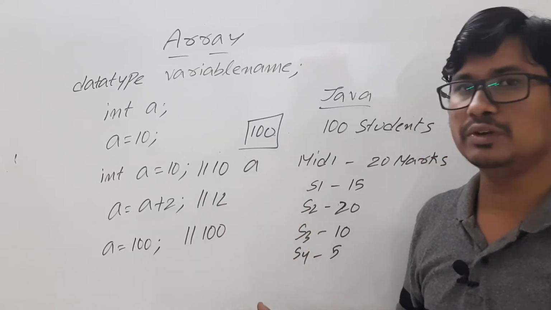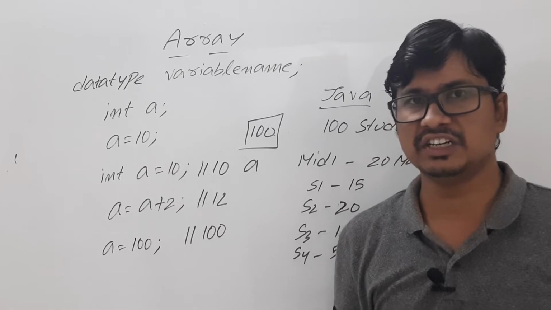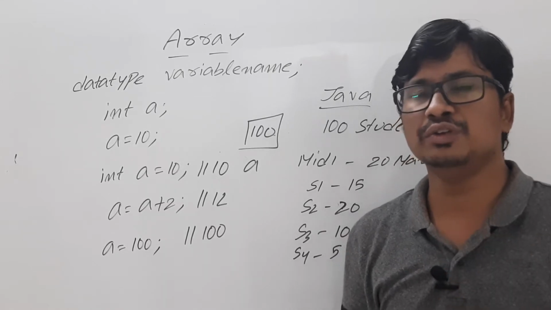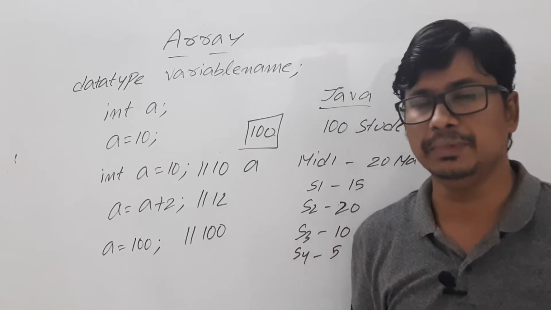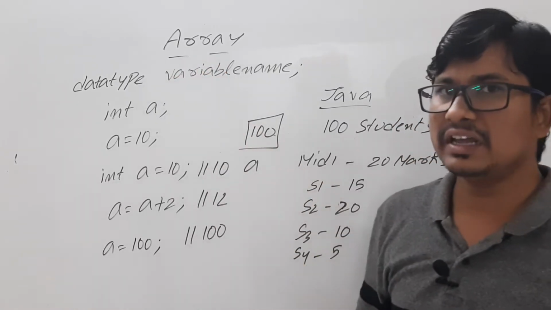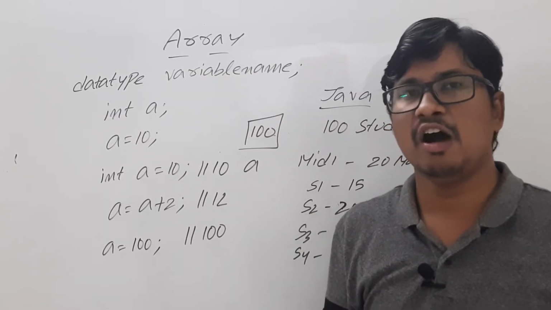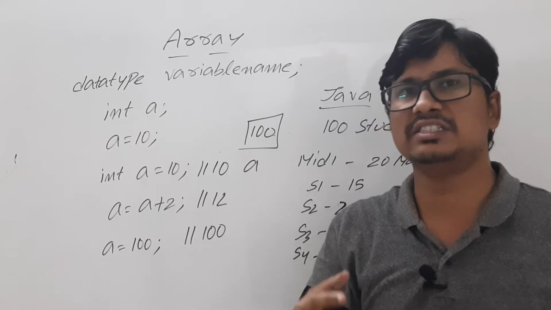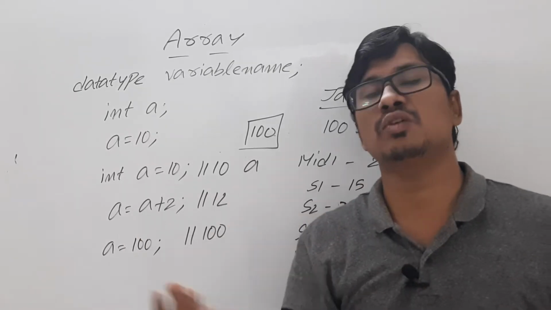So instead of that, we can use an array. An array is a linear data structure which is useful to store a collection of homogeneous elements. What is the meaning of homogeneous elements? If you have declared an integer array of size 5, then you can store 5 integer constants.